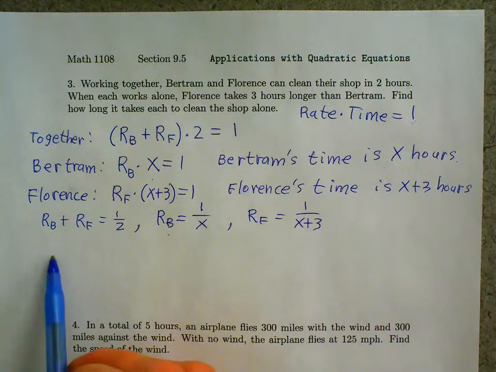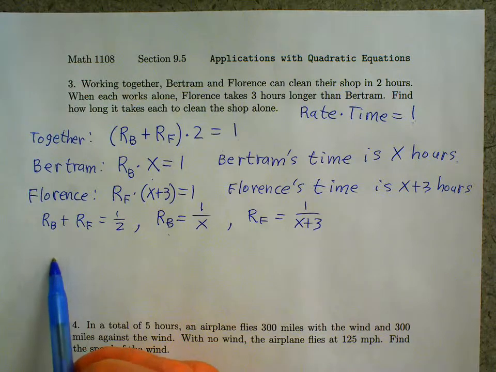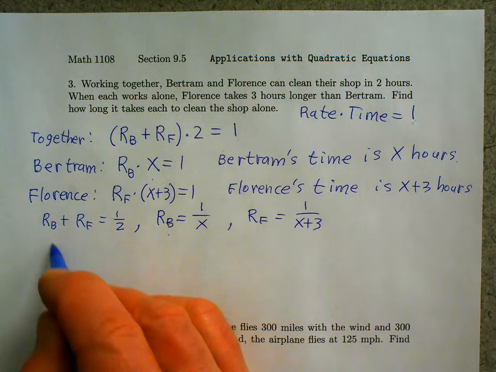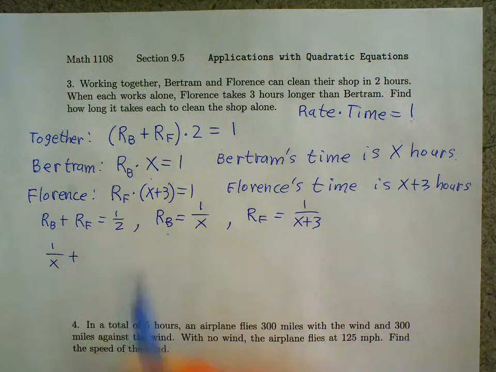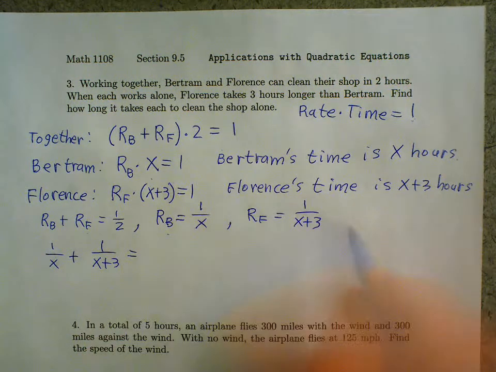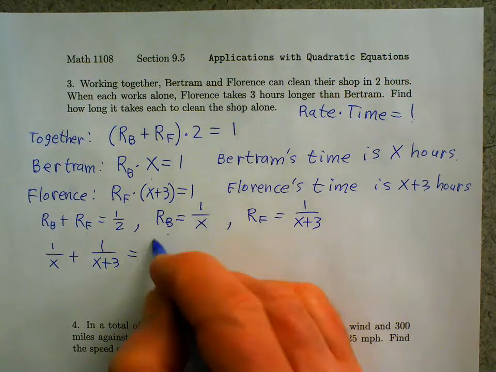In the next step, we'll get our equation whose only variable is X: replace Bertram's rate with 1/X, add that to Florence's rate, which is 1/(X plus 3), and the sum of the two rates is 1/2.